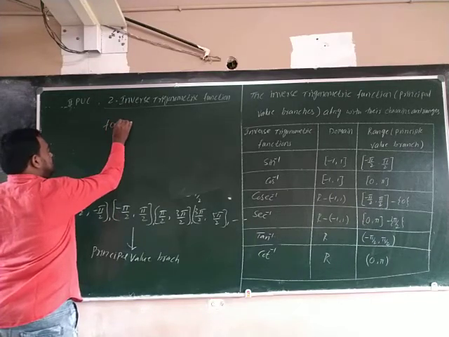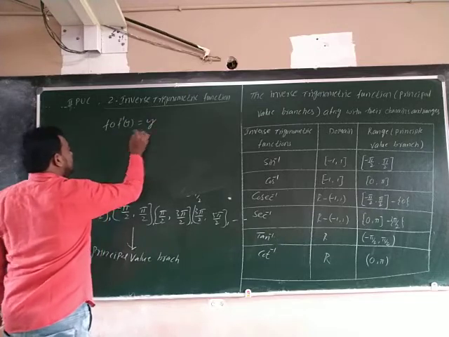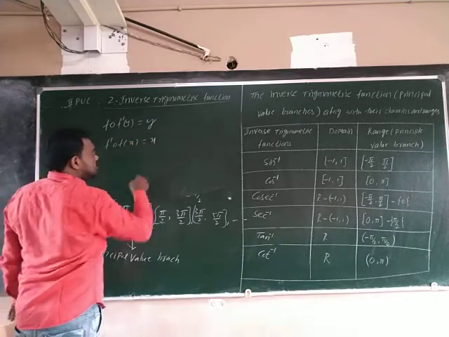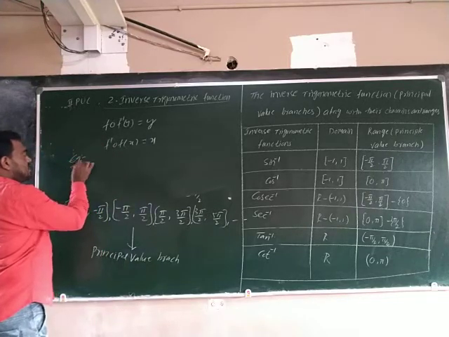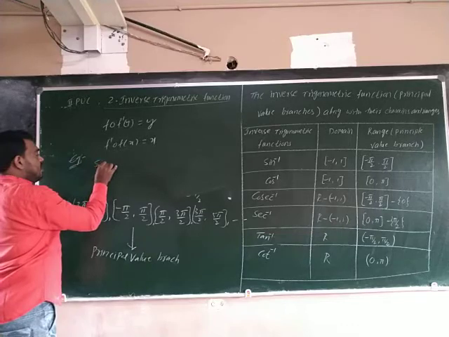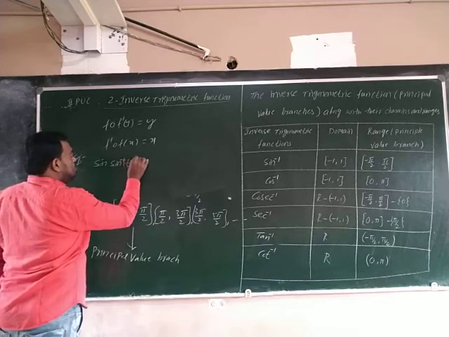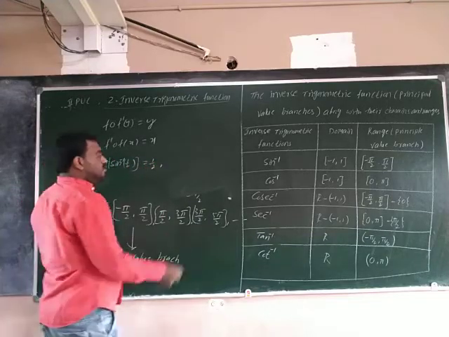f of f inverse of y is equal to y, and f inverse of f of x is equal to x. One example: sine of sine inverse of 1 by 2 is equal to 1 by 2 only.